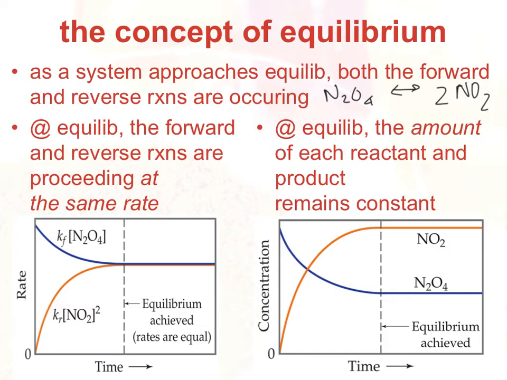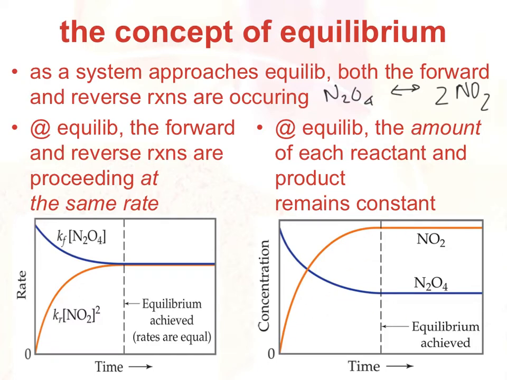That's not to be confused with being the same or equal. When I say that the amounts of products and reactants remain constant, that means those quantities are maintained. It does not mean that the concentrations of product and reactant are equal.